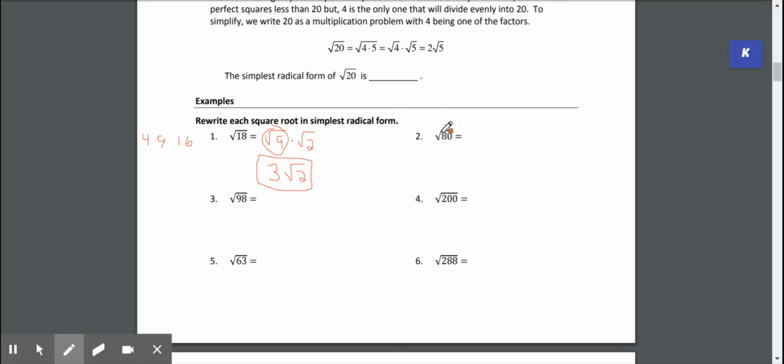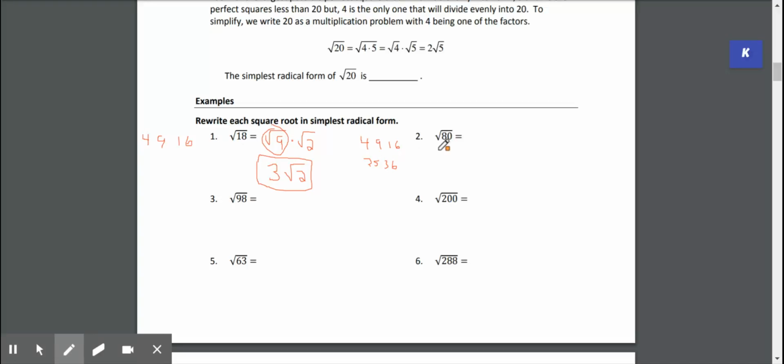Now 80, we're going to think to ourselves, okay, what is it divisible by? But more important, we want to know what perfect squares it is divisible by. So we've got 4, 9, 16, 25. Actually, 36 is less than that. I usually stop at the halfway mark.